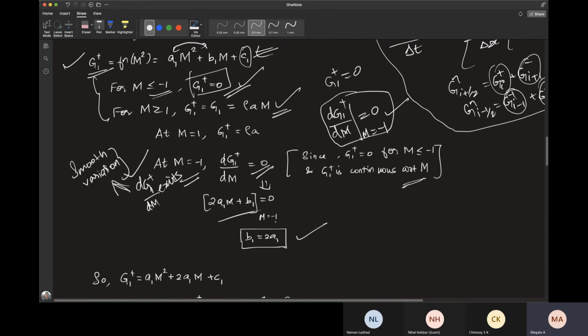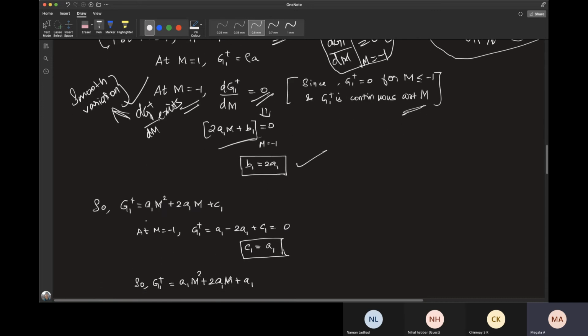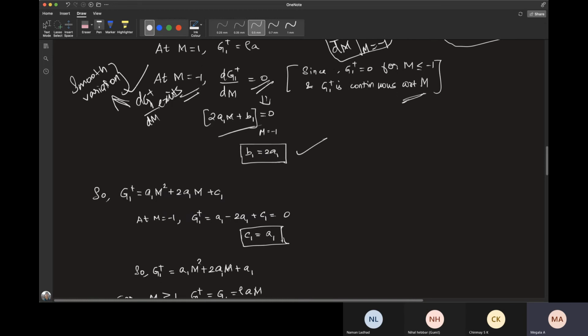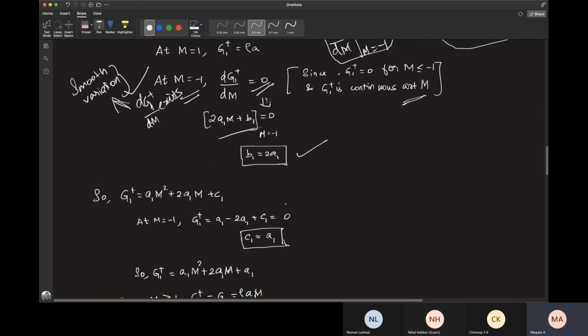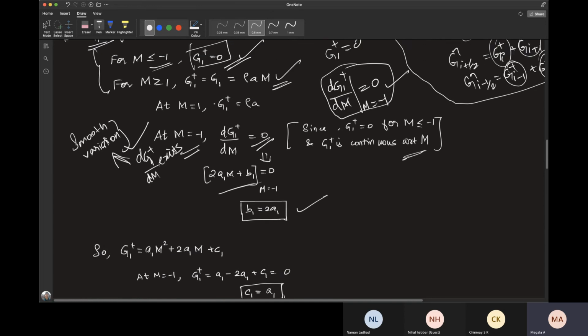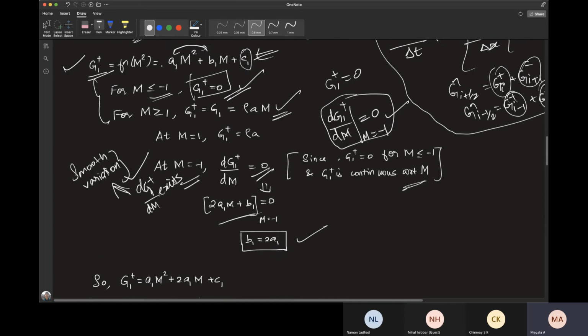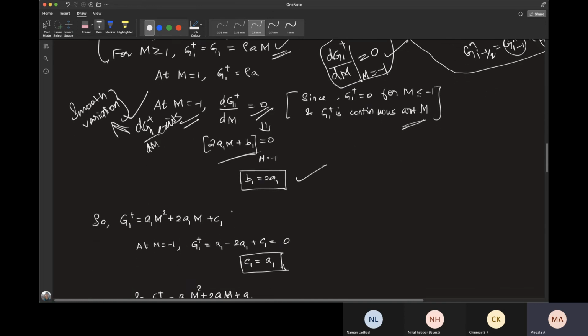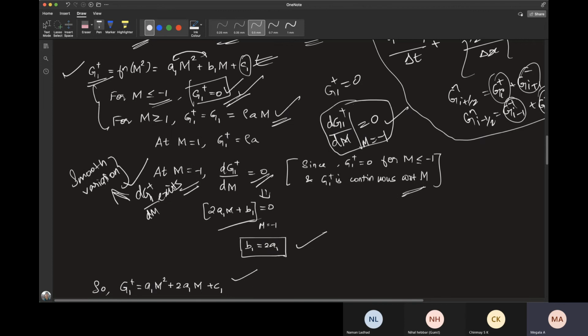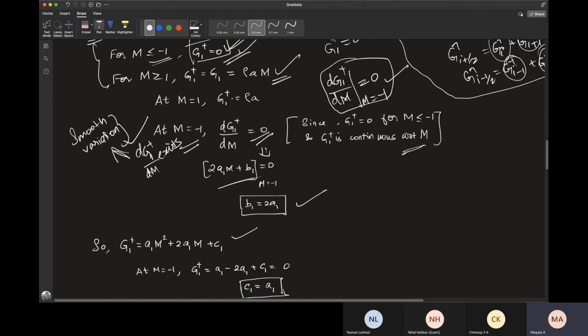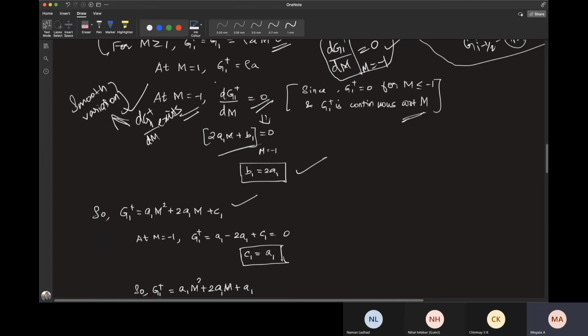So now substitute this expression in your old G1 plus. So G1 plus becomes A1 m squared plus 2A1 m plus C1. Now, at m equals -1, what will you have? Put in this expression for G1 plus, you substitute m equals -1, so you're getting something like this. And you already know that G1 plus is 0 at m equals -1, for all m less than or equal to -1.